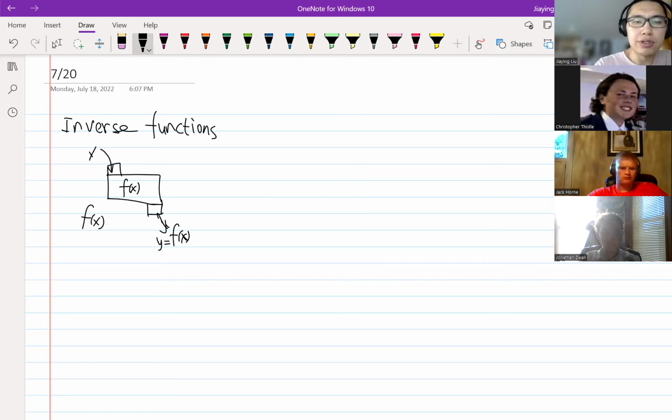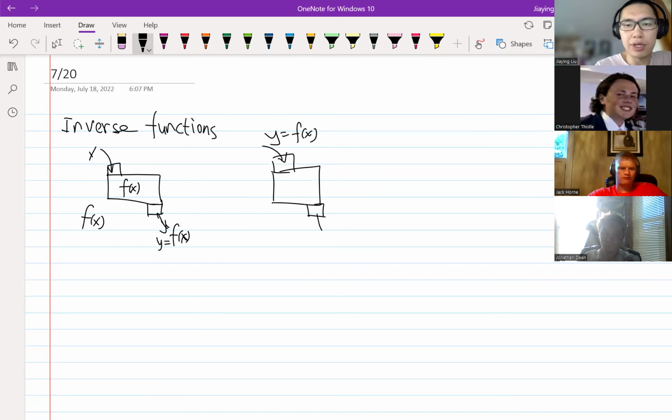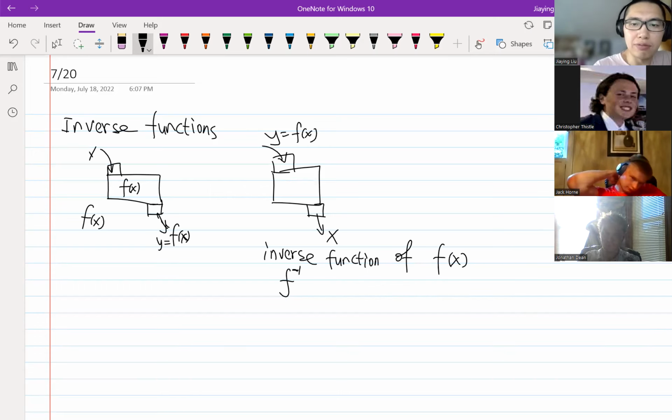So the inverse: if we flip this, there's another machine where we put in the y, or f of x, and it does something, and at the end we end up with x. So this is the inverse function of f of x. The notation we use is f raised to the -1.